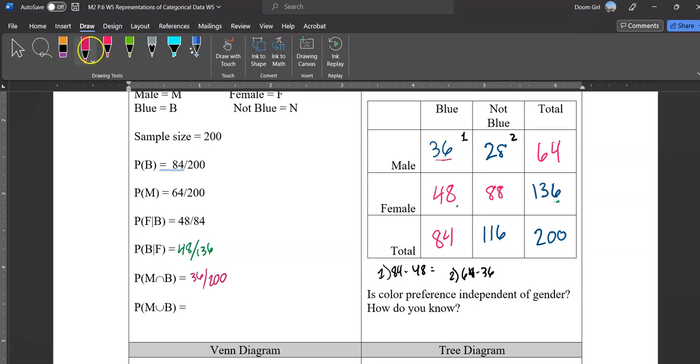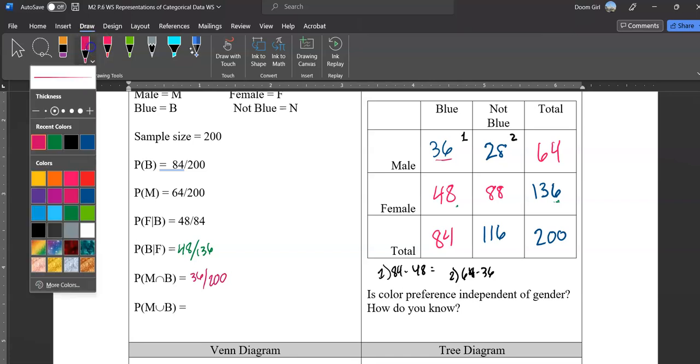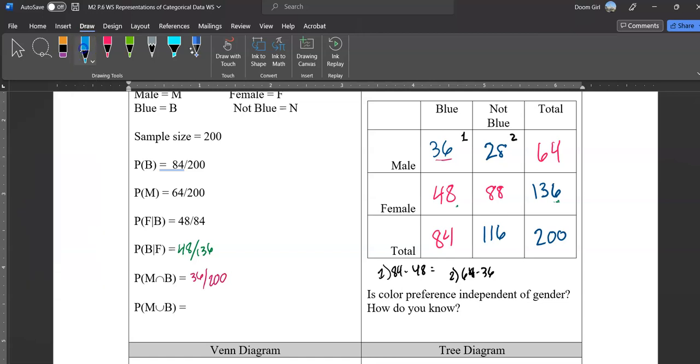Now for this last one, we do have to do a little bit more work because it is an or: male or like the color blue. I'm going to put the 200 down here because it's out of my grand total of the table. I've got 64 males and 84 in total who like the color blue, but I can't count those 36 people a second time, because then my data gets skewed and I don't want that.